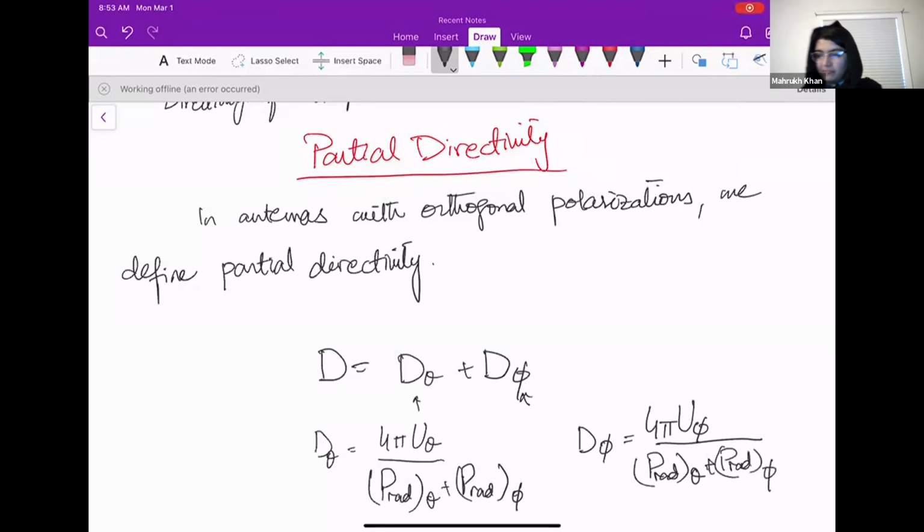We will talk about polarization later, but we just want to say that your directivity is the combination of the directivities in the other directions. Okay?